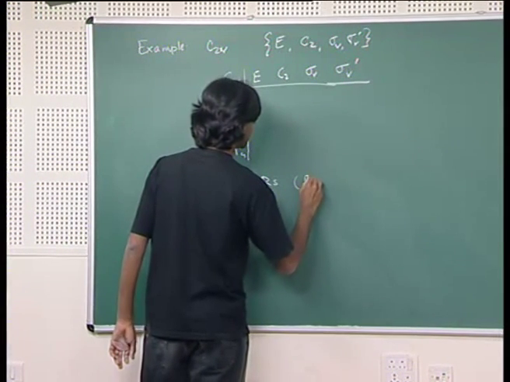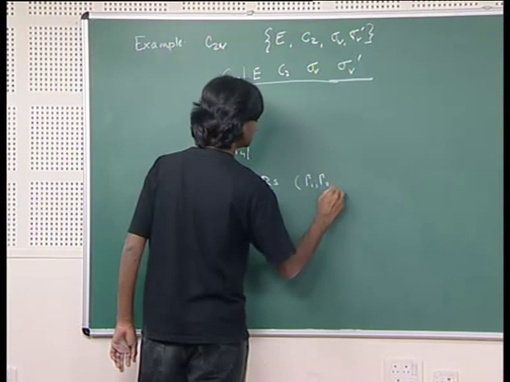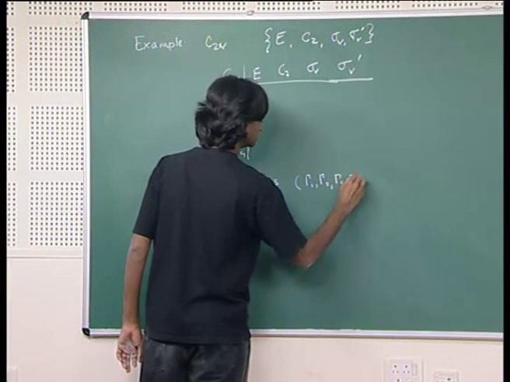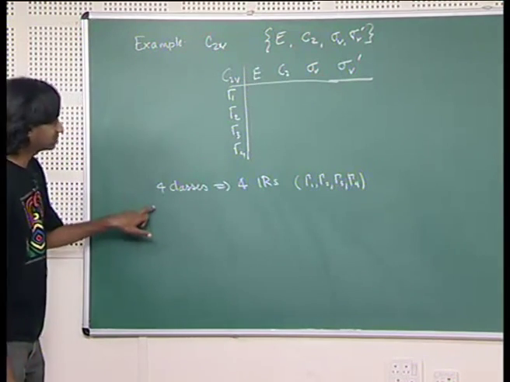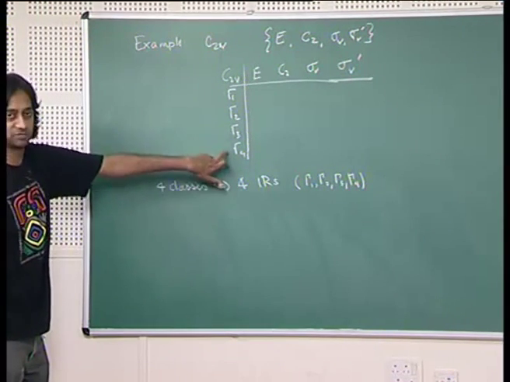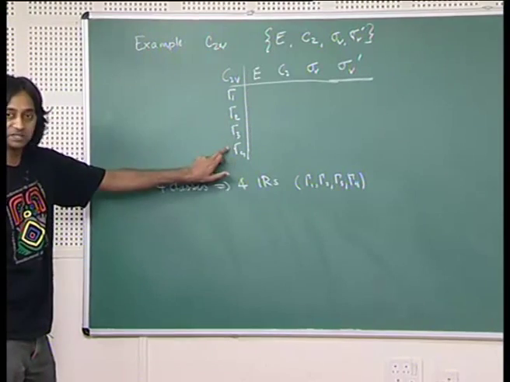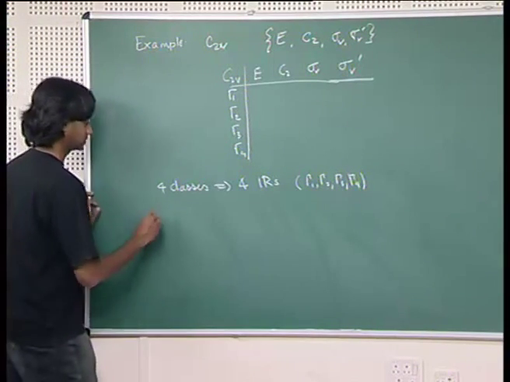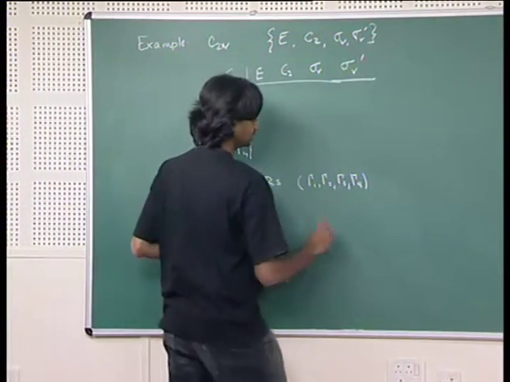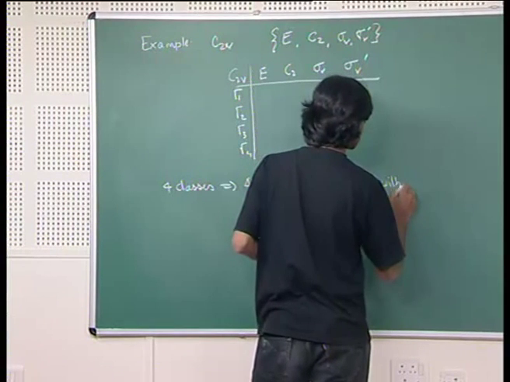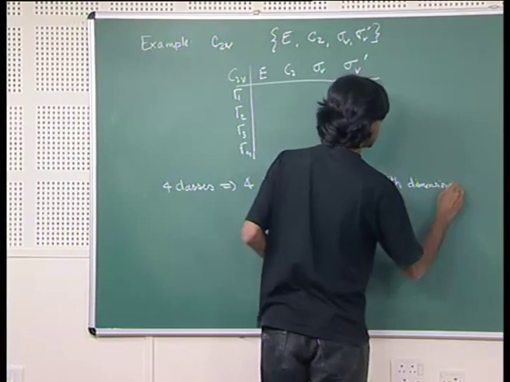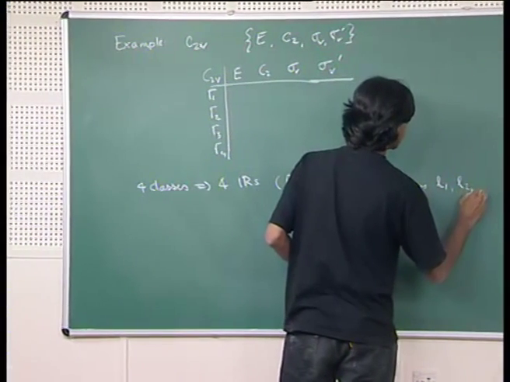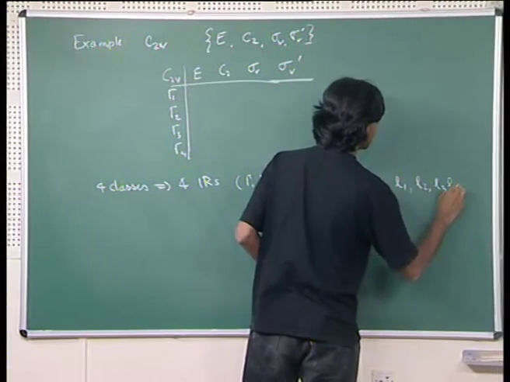So, we denote as gamma 1, okay. Now, we need to determine the dimensionality of each of these. So, gamma 1 with dimensions L1, L2, L3, L4.